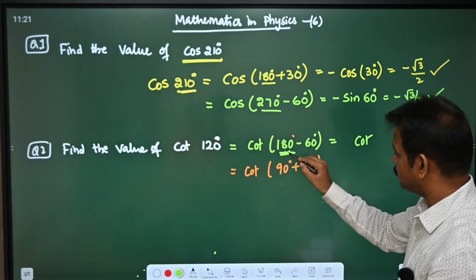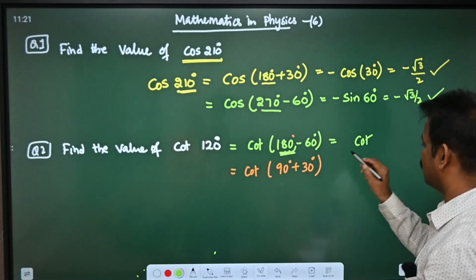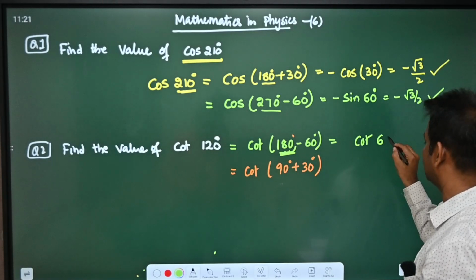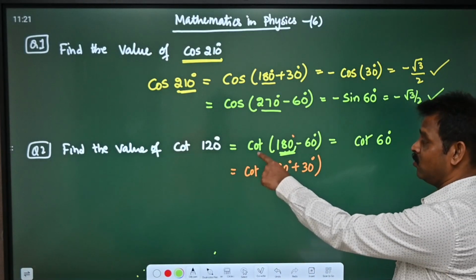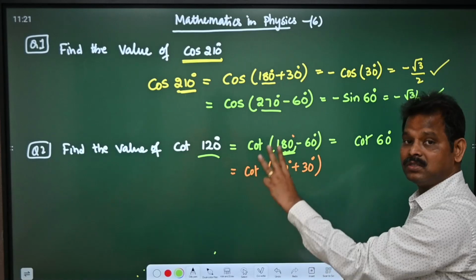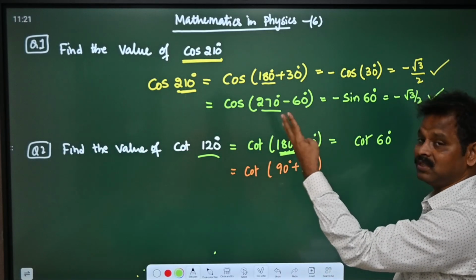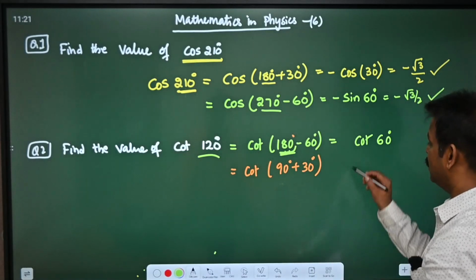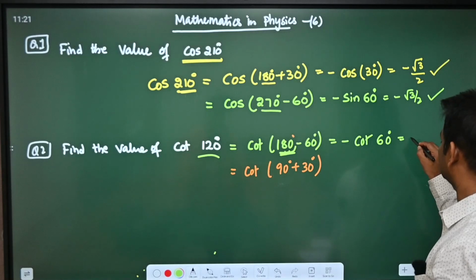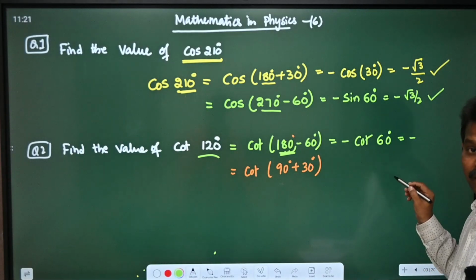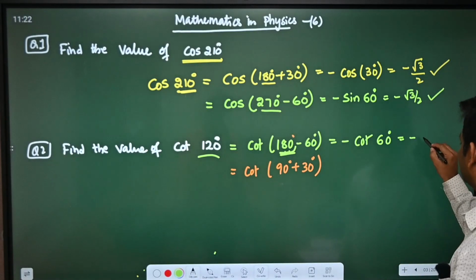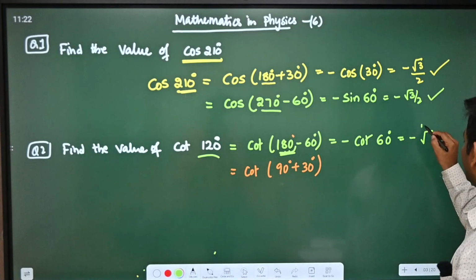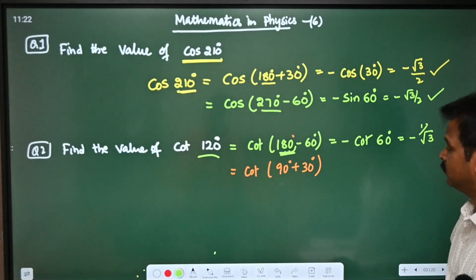If it is 180, the cot remains as cot 60 degrees. But 180 minus theta, that is 120 degrees, is in the second quadrant. In the second quadrant, only sine and cosecant are positive. So this must be negative. So this is minus cot 60, which is equal to minus 1 by root 3.